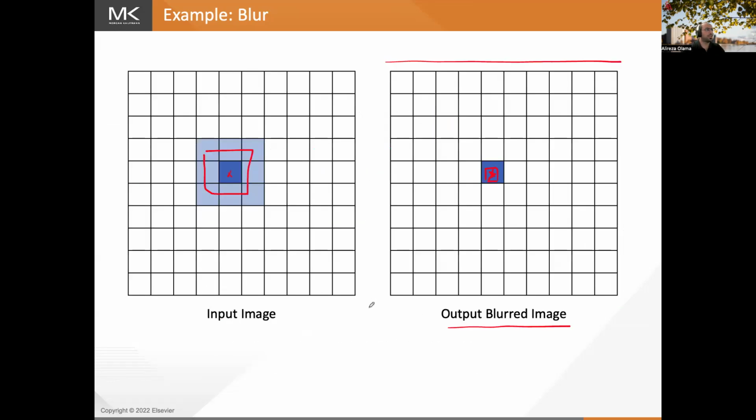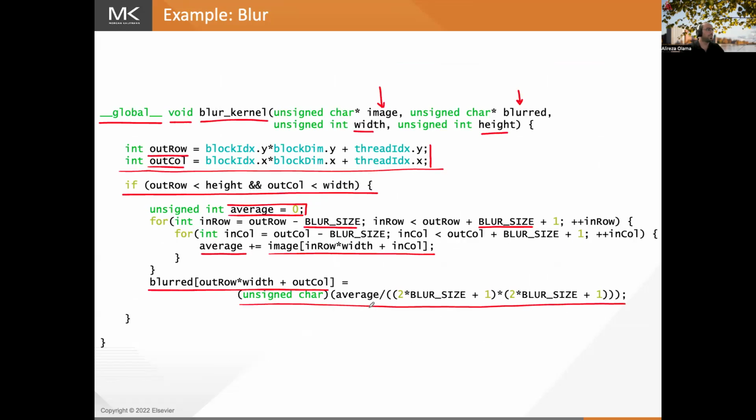So sorry, here we compute the sum, and here we are just dividing the sum by the number of pixels that it computes. That can be obtained using this formula.